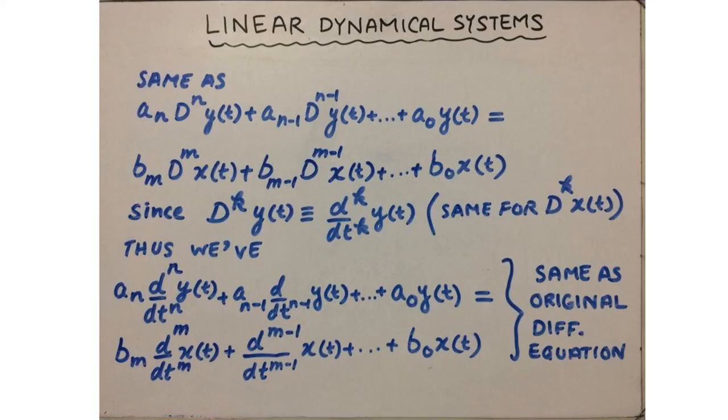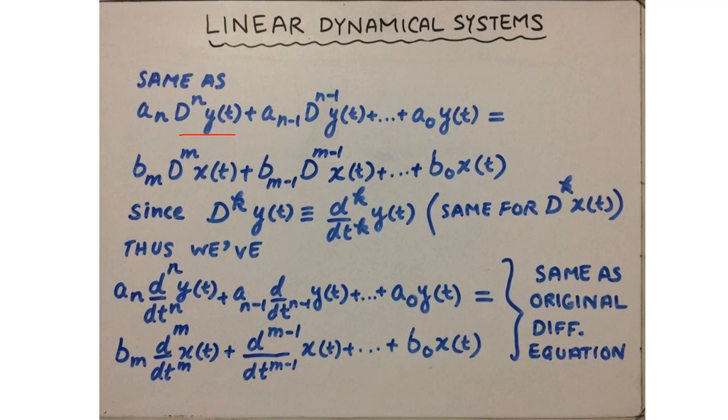When we do that, we find that once the brackets, the parentheses, are opened, these D operators are being applied. Each one of these D operators, the first one is D^n, so this is representing the nth order derivative of y. The next one is D^(n-1), which is the (n-1)th derivative, and so on.